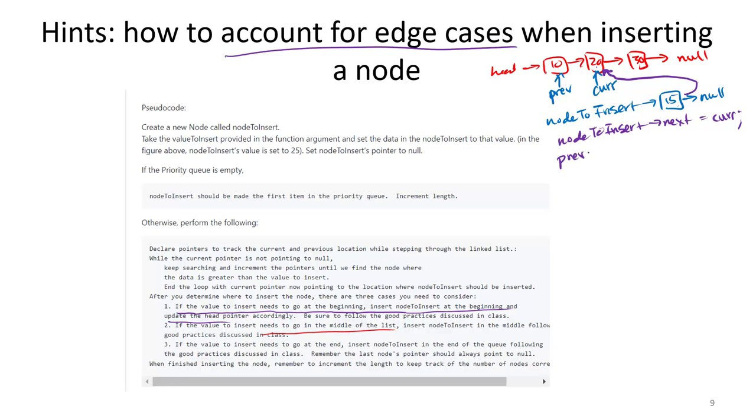And then we say previous arrow next equals node to insert. That would detach previous arrow next's pointer from the existing list and attach it to our new node. So that's our second edge case. And that follows our standard insertion.